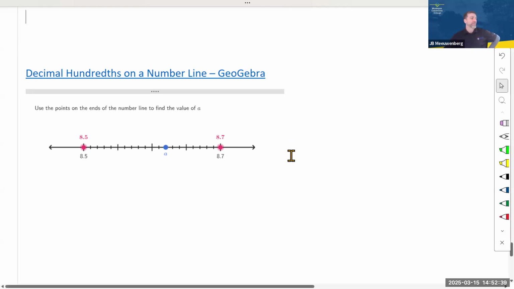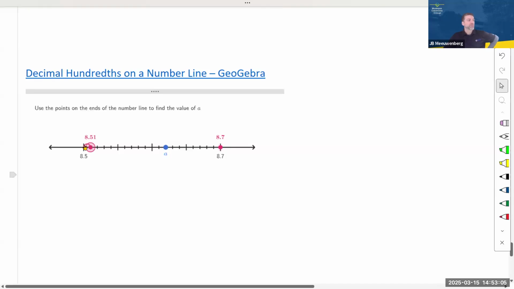And so what they do is they give you two decimal numbers, 8.5, 8.7, and you can see the markings there. And really it's what is the value of A? And so your job is to just look at that and say, can I determine what the decimal value of A is?